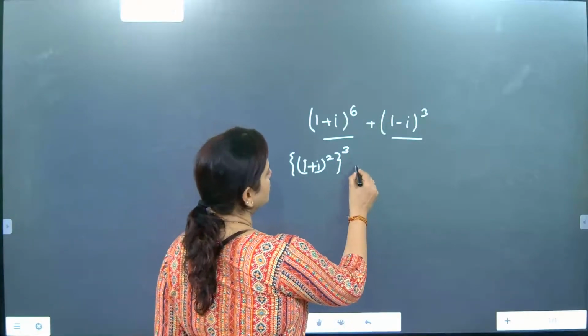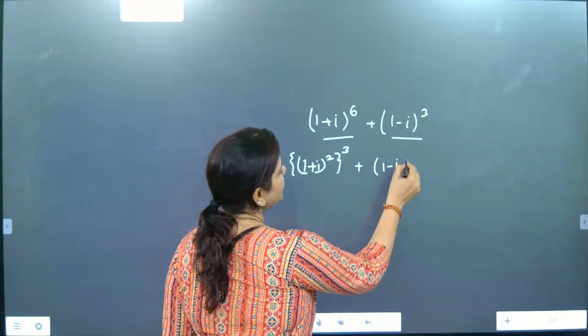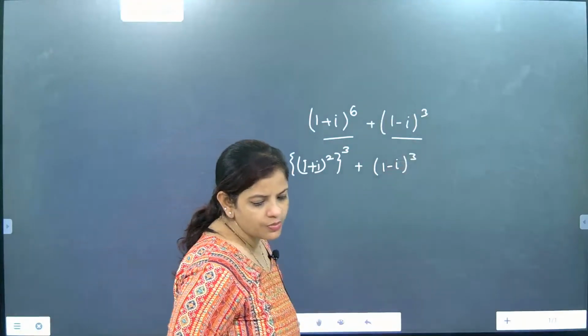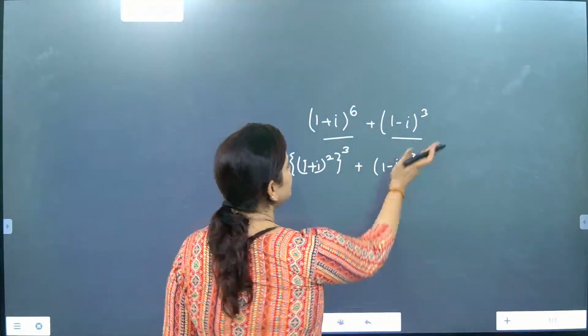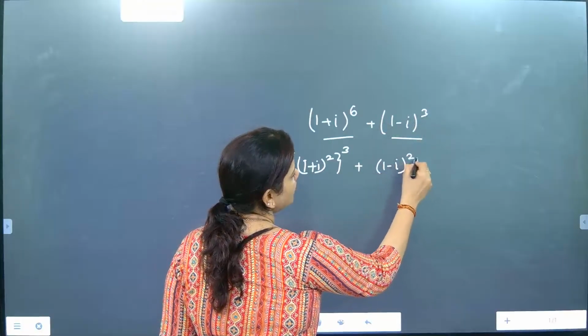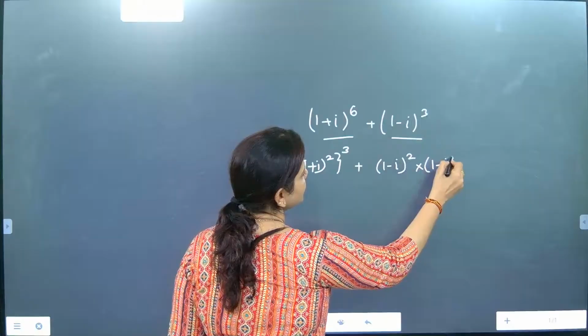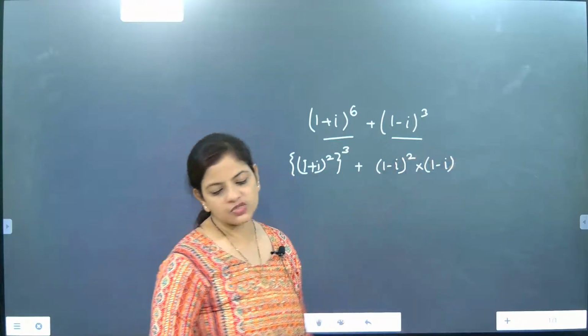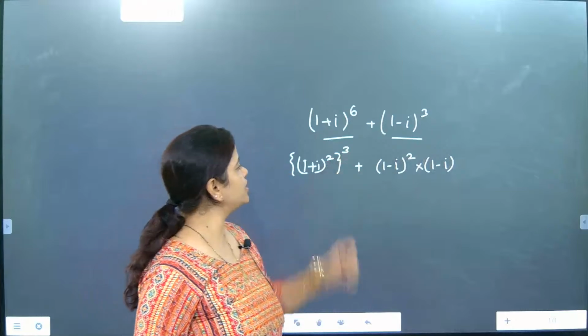And here (1 minus i) to the power 3 can also be written a different way. Can I write (1 minus i) to the power 2 into (1 minus i)? I split it: if we add, 2 plus 1 becomes 3, and here 2 threes are 6.